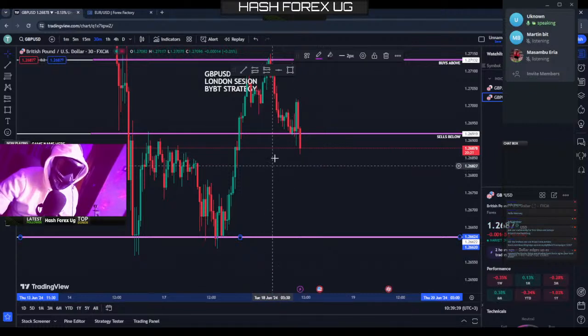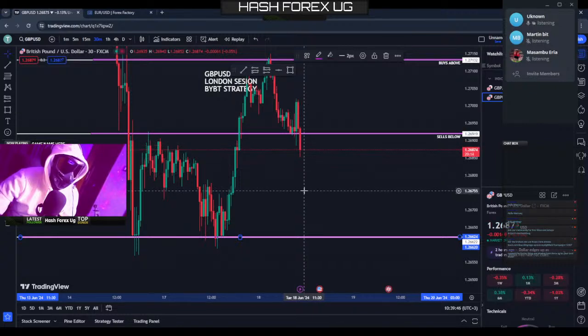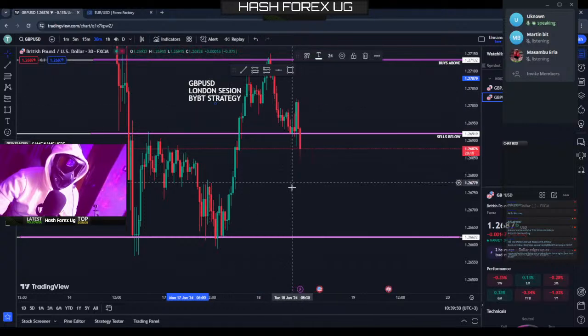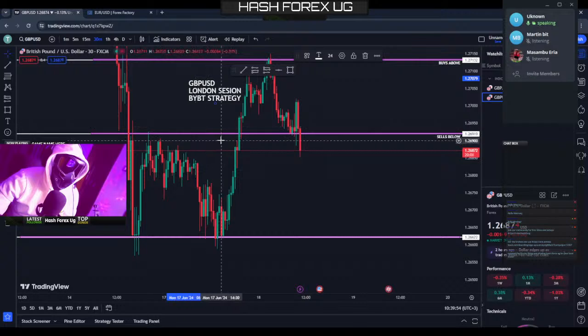Not saying that, oh, the market has entered into our zone, it's going to leave us, so let us enter. So you need to wait until the candle closes. Then that's when you'll make your decision, either to buy or sell.